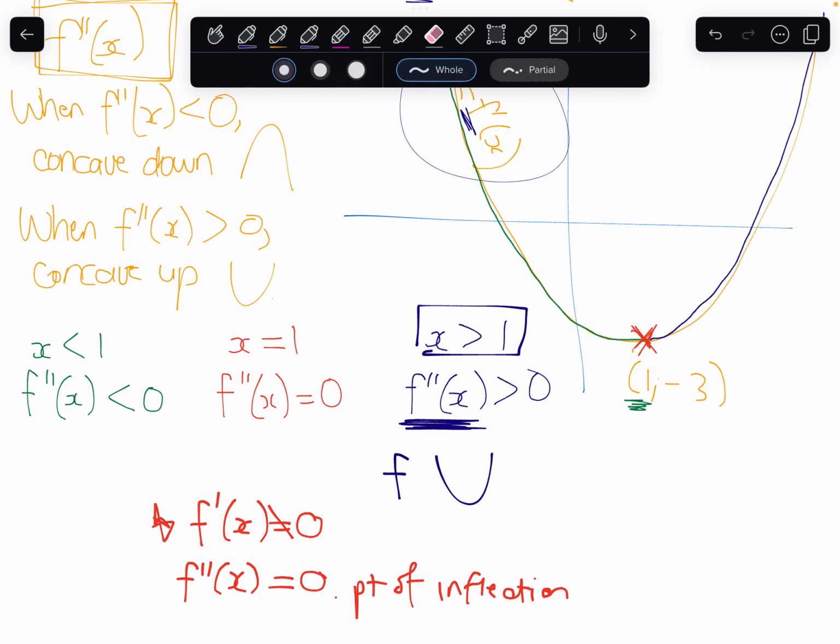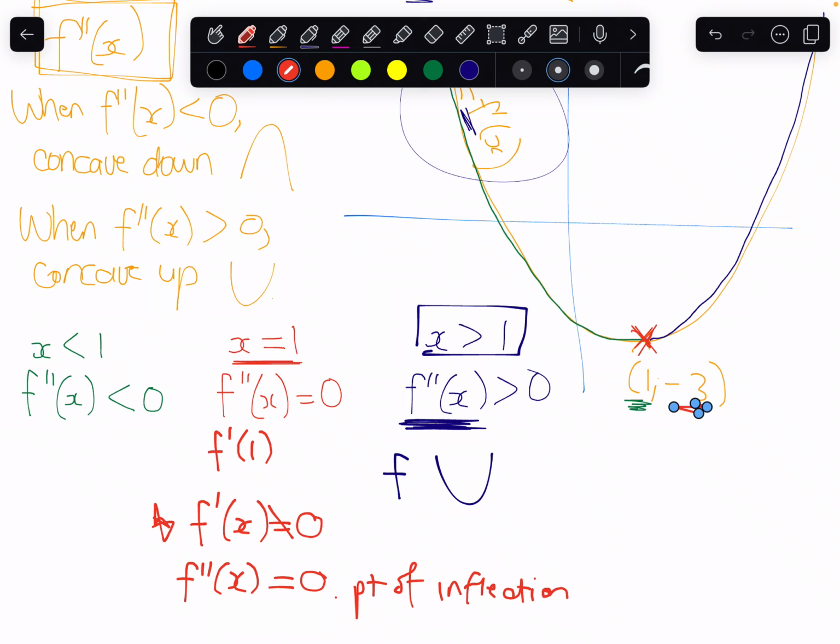Okay, anyway, what I'm trying to figure out is, can we say that when x is equal to 1, we have a point of inflection, or is it a turning point? And we can say that it's a point of inflection because what we've seen is that f prime 1, the value of f prime when x is equal to 1, is equal to negative 3, which is not equal to 0.